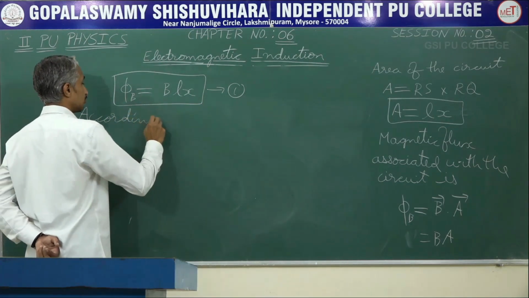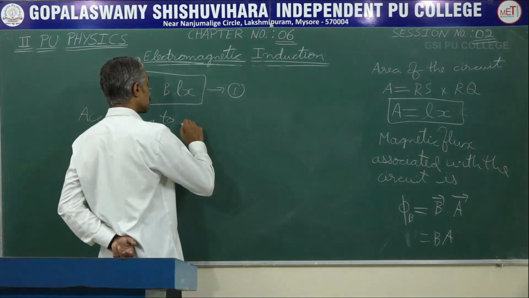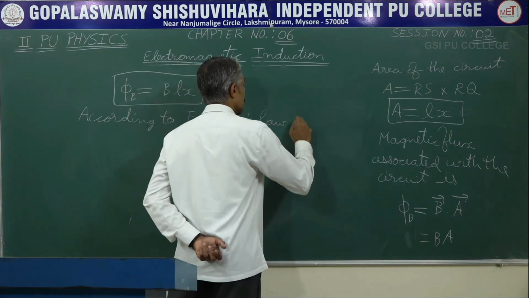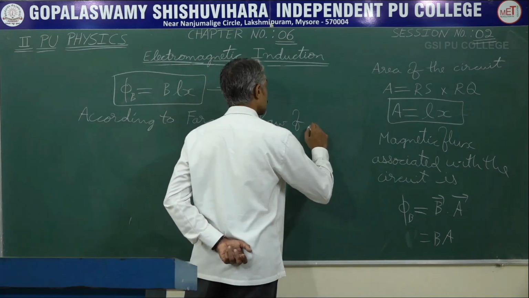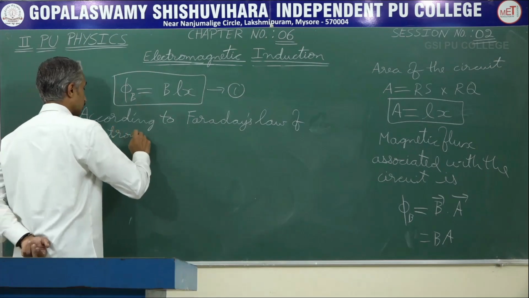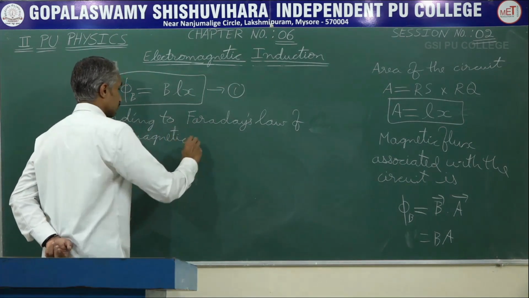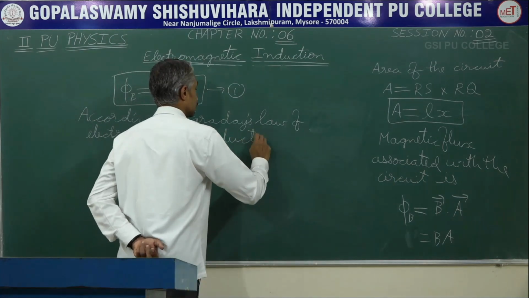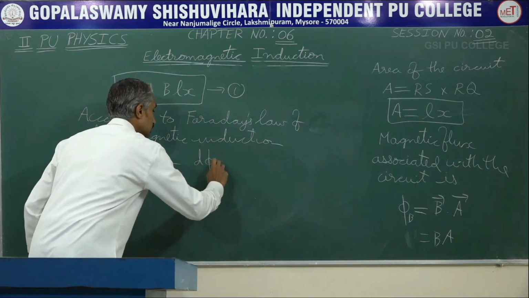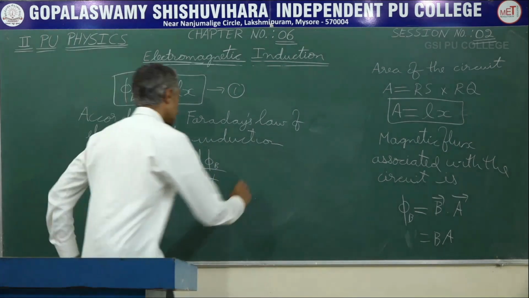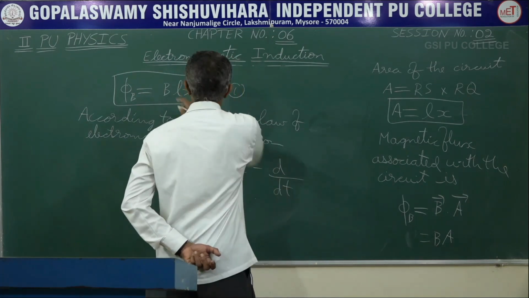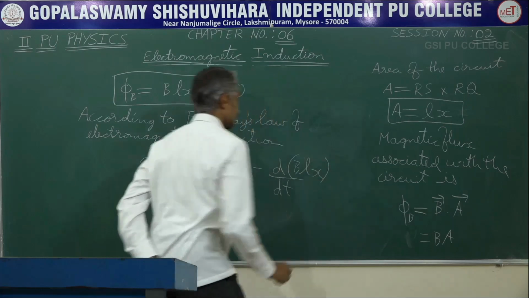According to Faraday's law of electromagnetic induction, the EMF induced in the circuit is given by epsilon equal to minus d phi B by dt, which is minus d by dt of B L x.